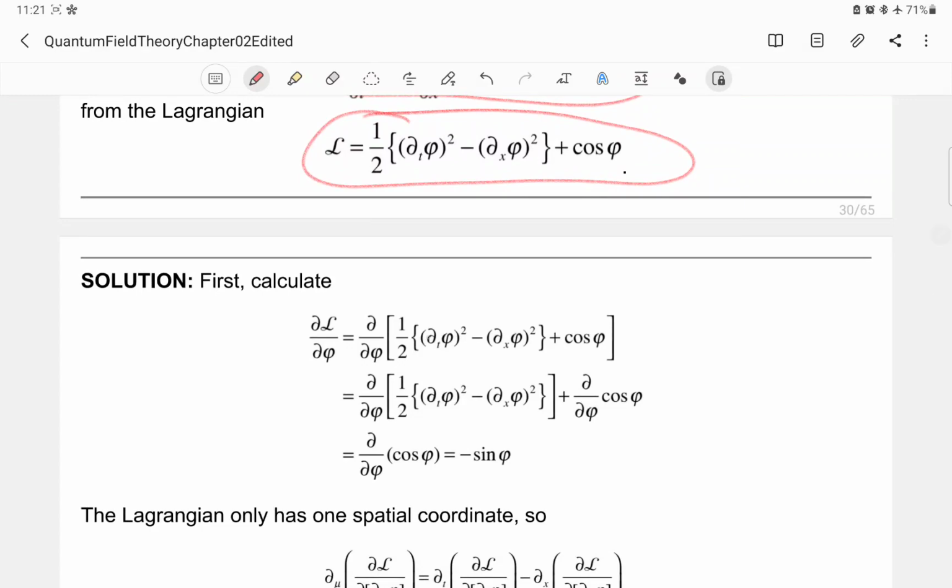And so this one would have to be 0, and the derivative with respect to phi would have to be 0. So you only have 1 here. So this is just negative sine phi.